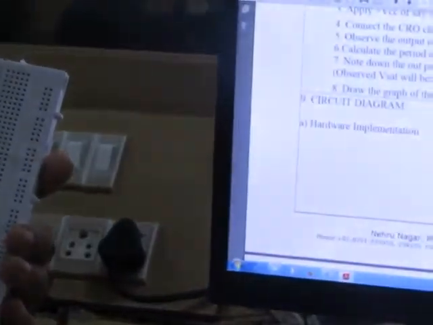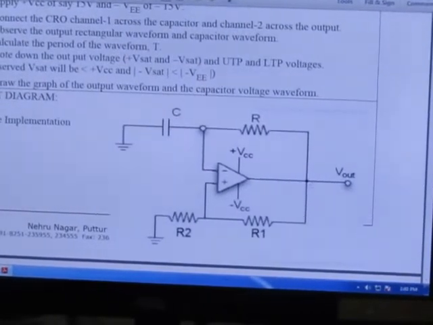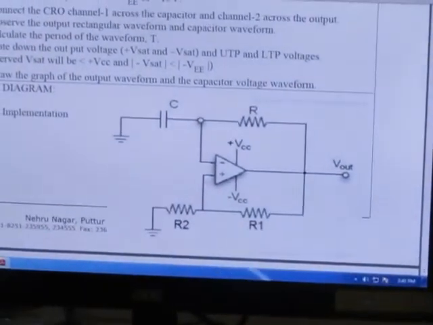Now next I will go for the lower part. You can see that from pin number 6, that is V out, we are going to connect this R1 with the plus, that is the non-inverting input, pin number 3, which is of 1.8 kilo ohm.